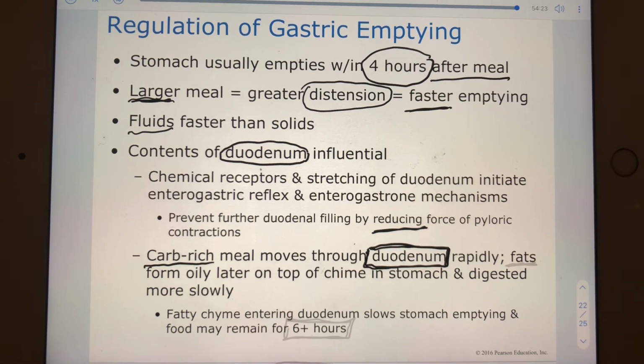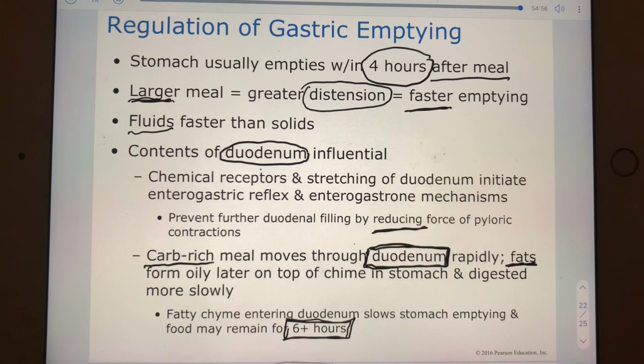Whereas if we consume a meal that's rich in lipids, the duodenum will need more time to digest those lipids and will hold on to that chyme longer, and therefore the stomach will empty more slowly. And if it's an especially fatty meal, then we're likely to leave it in the stomach for more than 6 hours.